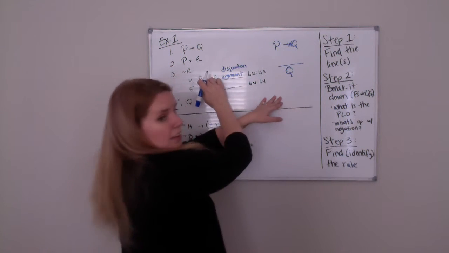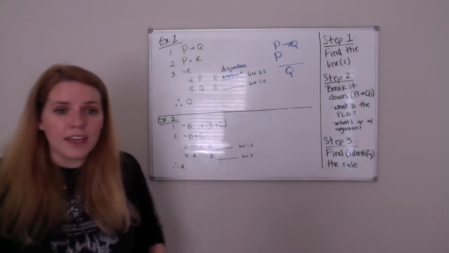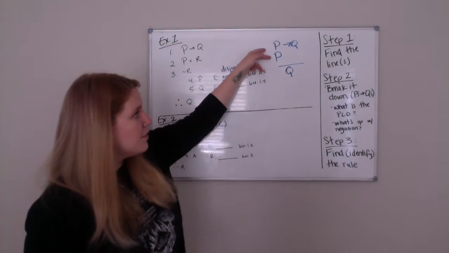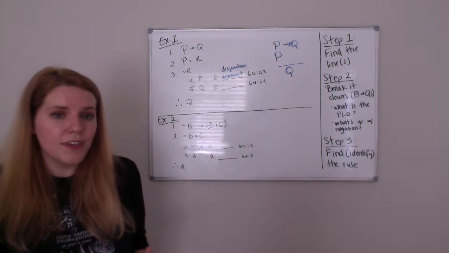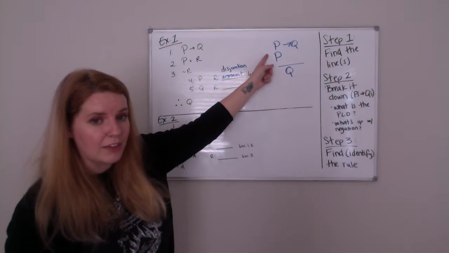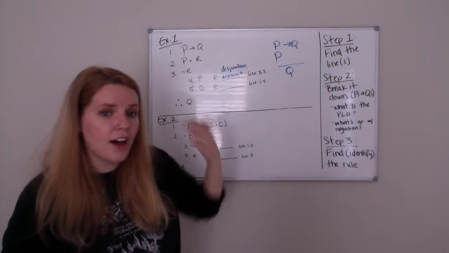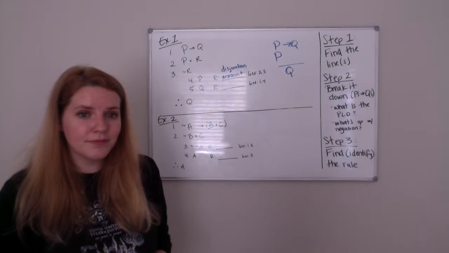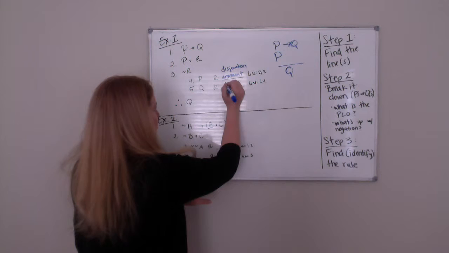In line 4, the claim that we have is P. So here we have if P, then Q, and P. And we're saying that with this information, we can deduce Q. So is there a rule in your book, a rule of deduction, that tells you that if you have a conditional claim and the antecedent is true, then you can automatically deduce that the consequent is true? Yeah, it's modus ponens. So that's a rule that we're familiar with.